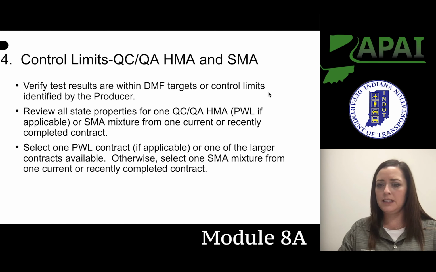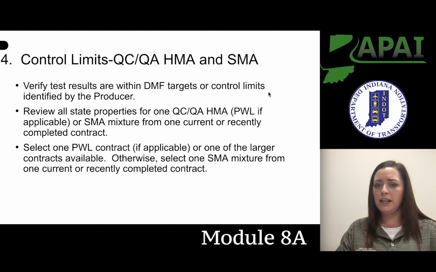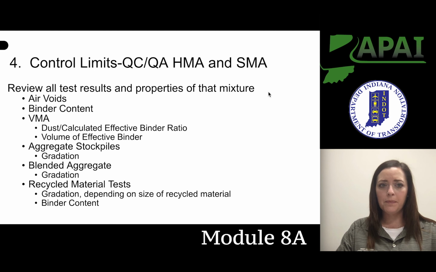We want to look at the consistency of the plant and the documentation that that technician is doing. So as this one PWL contract is selected, if it's applicable, you also want to see if there's an SMA mixture from one current or recently completed contract, because there are different SMA requirements than regular dense graded mixtures.